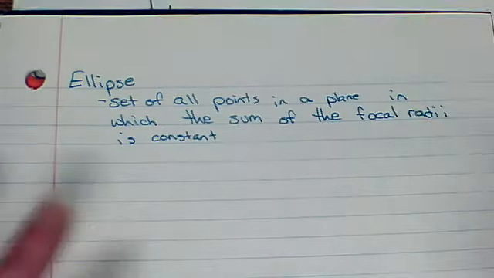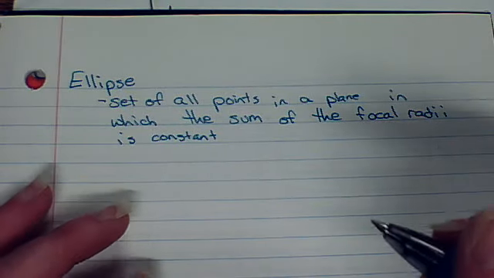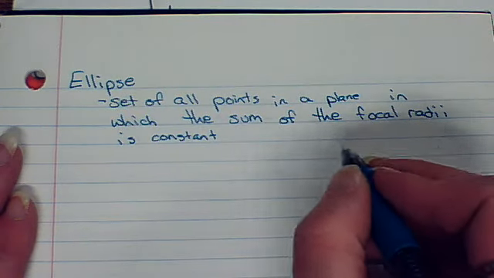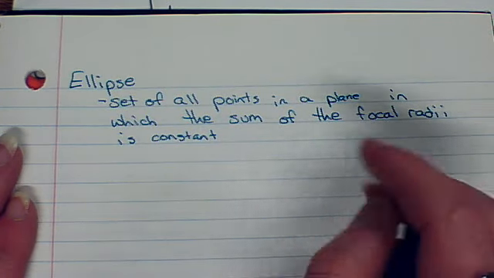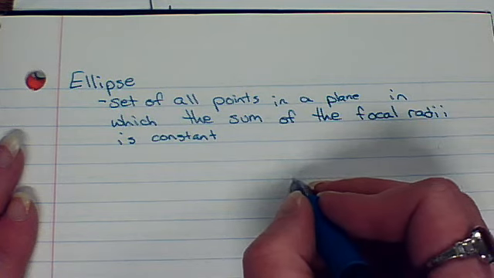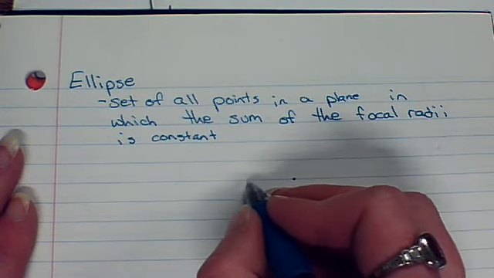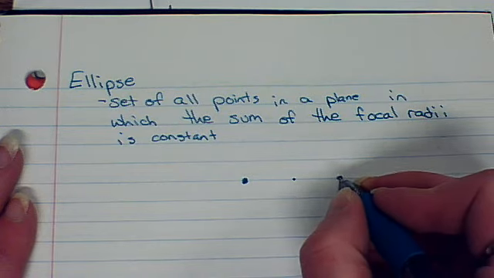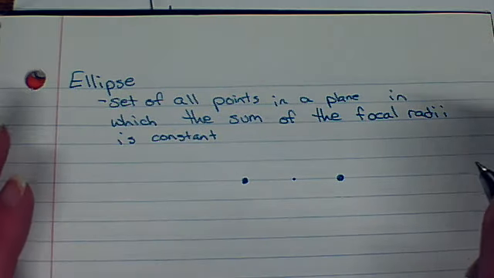In a circle, we have one center, right? What we have in an ellipse is, instead of having one center, now it does kind of start off at the center, but we have what are called foci, evenly spaced from the center.